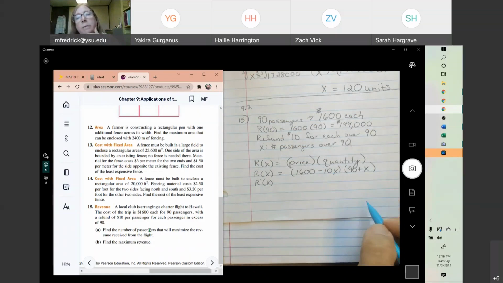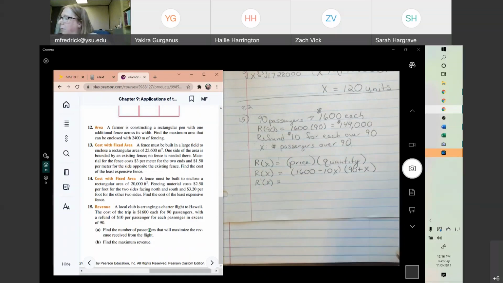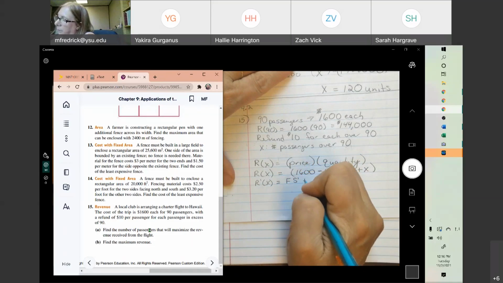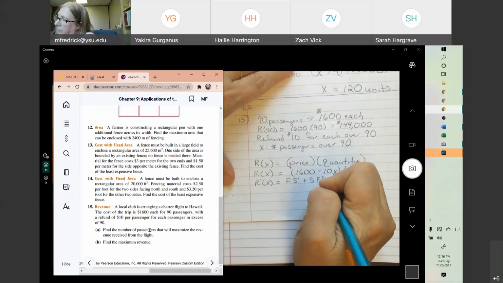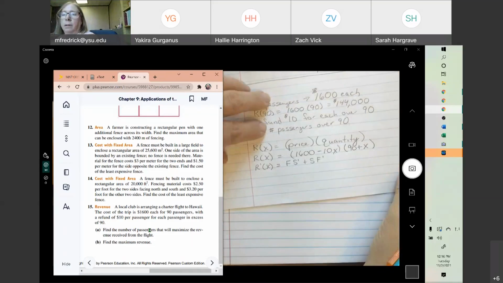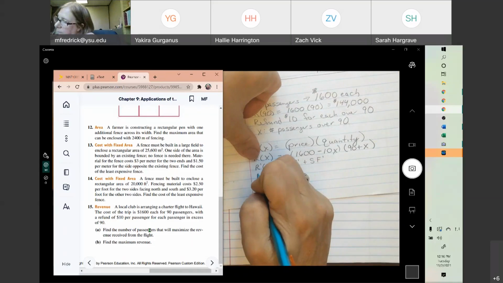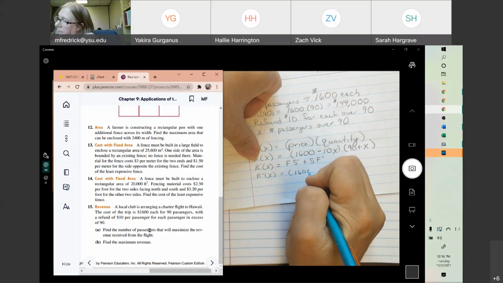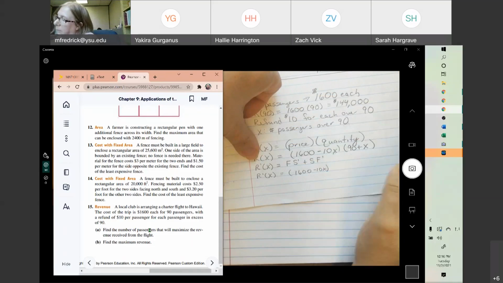I'm going to take the derivative first to practice. Remember, it's the first times the derivative of the second plus the second times the derivative of the first. The first is 1600 minus 10x.